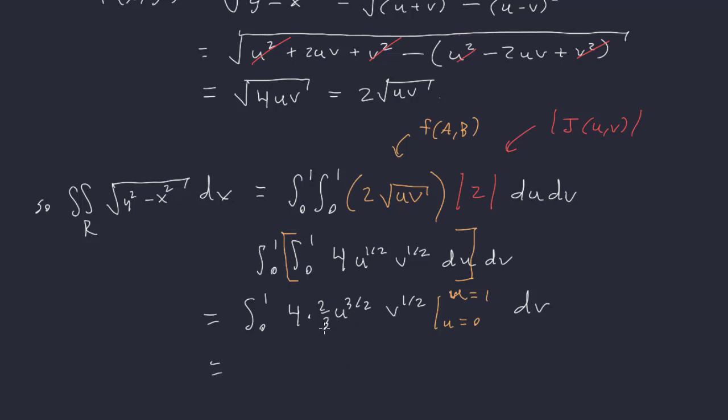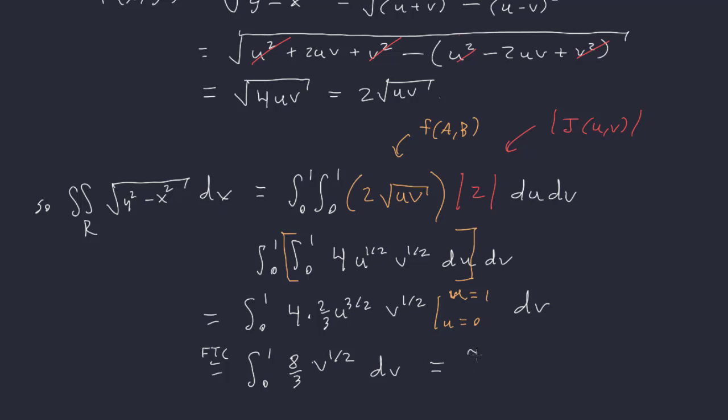Okay, and when we plug in the 0 and 1, our fundamental theorem of calculus step is simply, well, 1, because when we plug in 1 to any power, that's just going to be 1. And plugging in 0, it's all going to disappear. So we'll end up with 8/3 v to the 1/2 dv on the inside. And now we can integrate again.